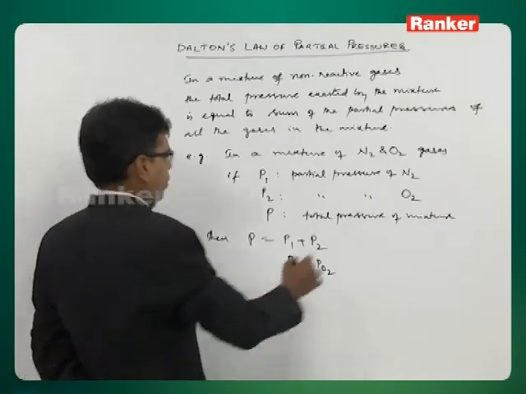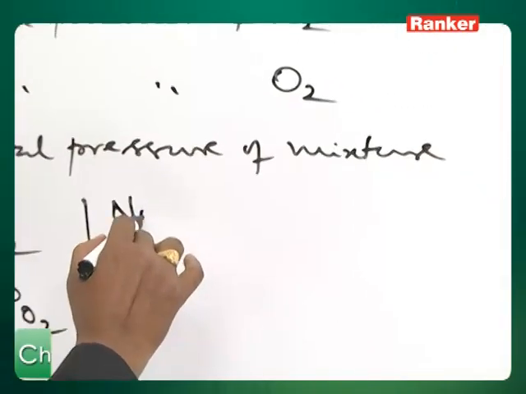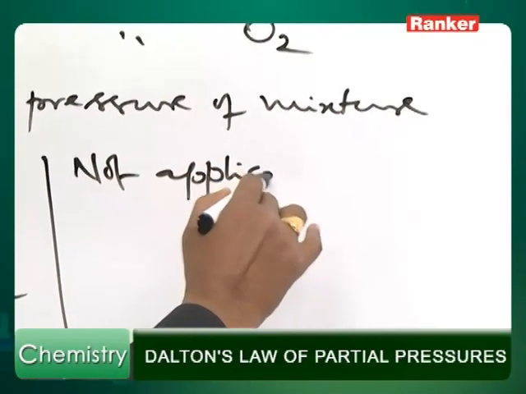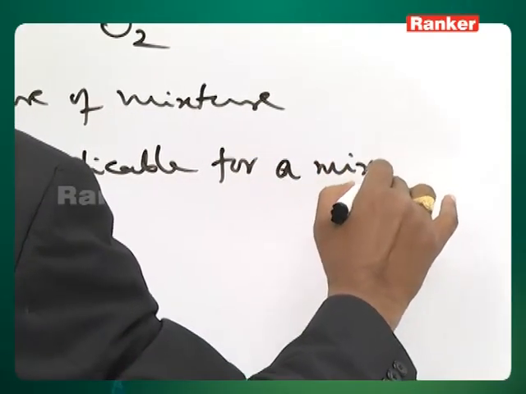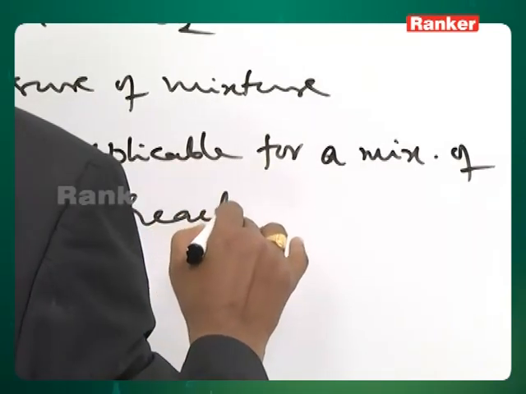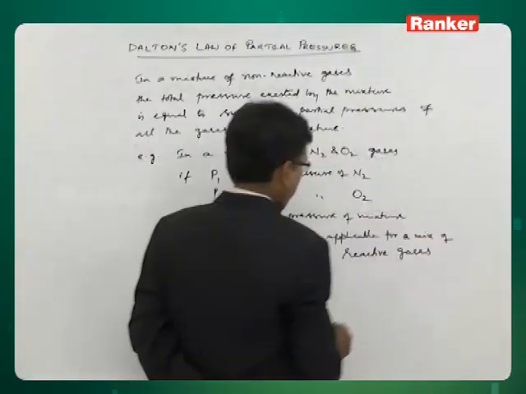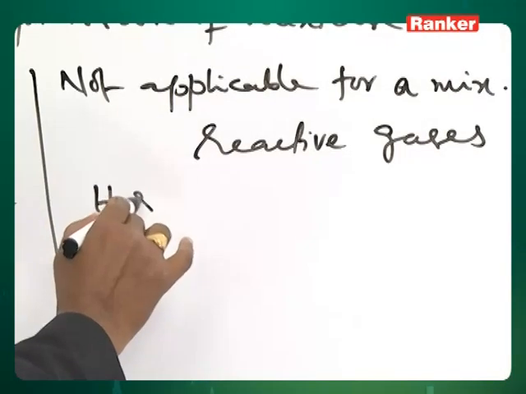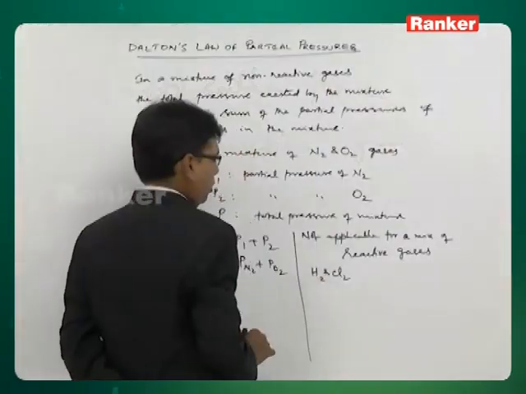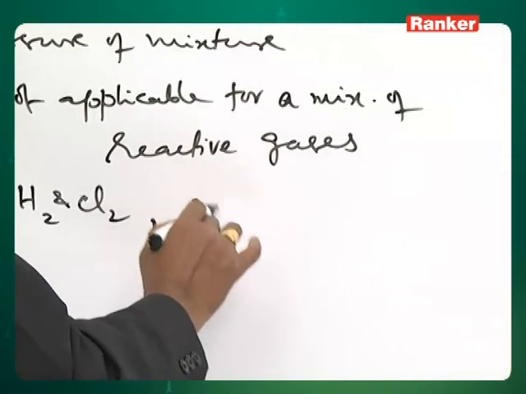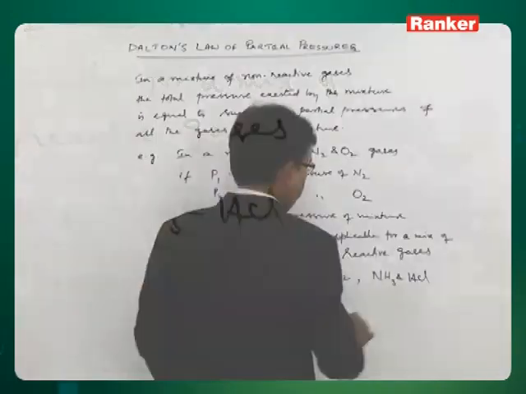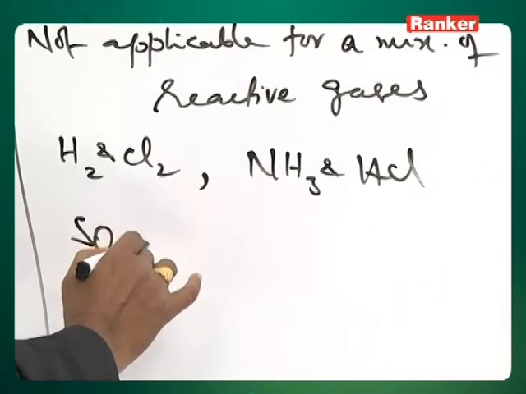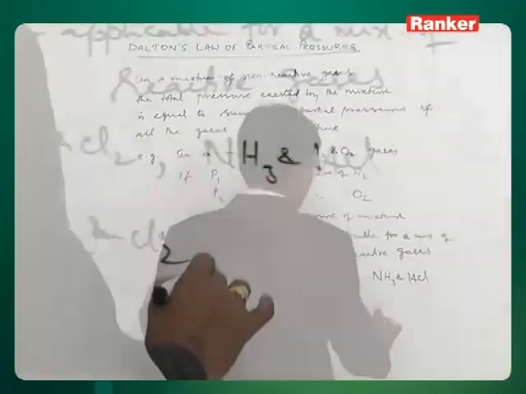For example, this law is not applicable for a mixture of reactive gases, like a mixture of H2 and Cl2, a mixture of ammonia and HCl, a mixture of SO2 and Cl2, a mixture of carbon monoxide and chlorine.